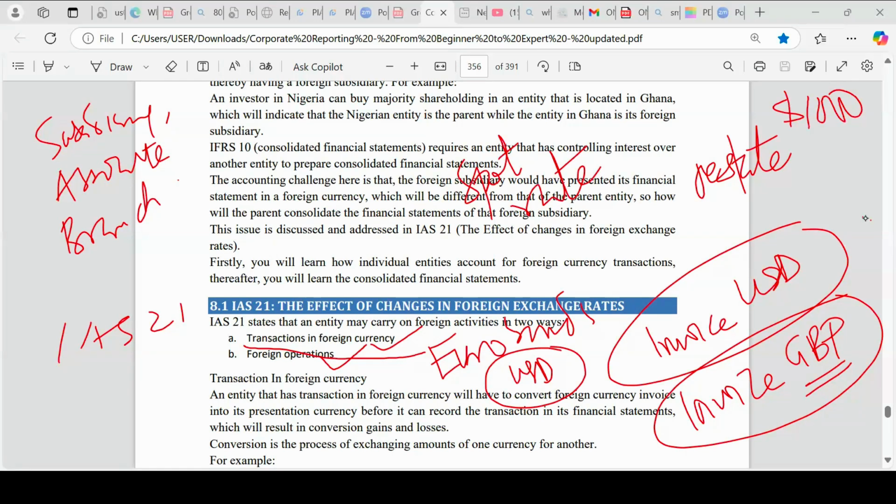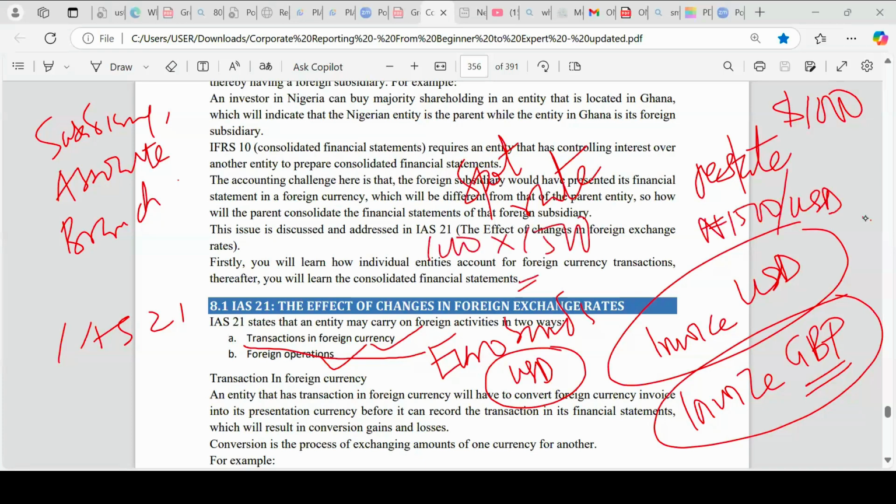This transaction will be recognized today in our books at 1,000 multiplied by 1,500, which is 1.5 million naira.